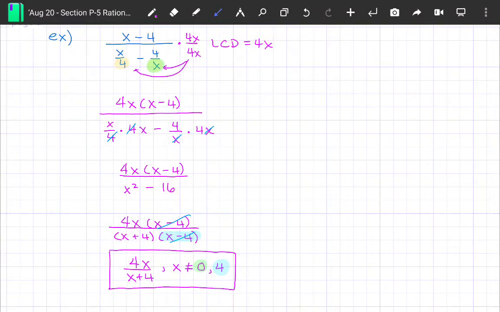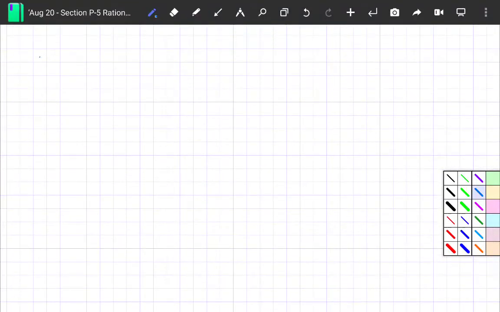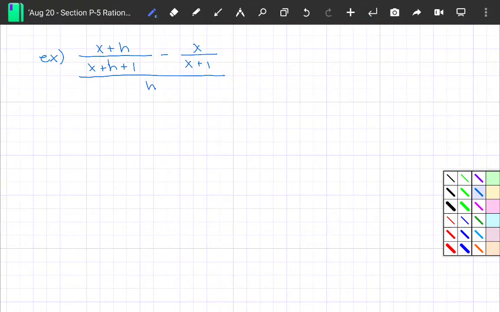All right, I'm going to give you one to try, and we'll take a look at the answer together. So try this one, a little more complicated looking, but same idea. x plus h over x plus h plus 1, minus x over x plus 1, all over h.